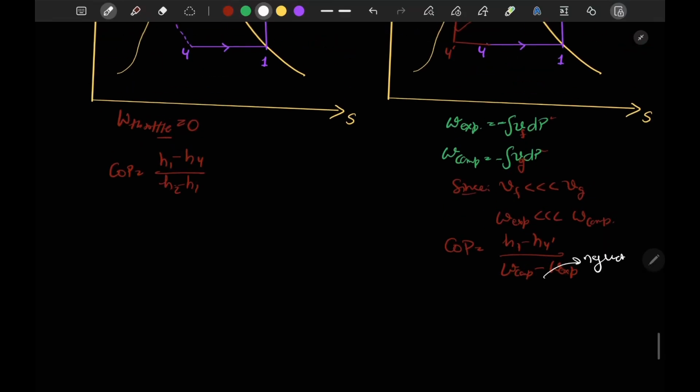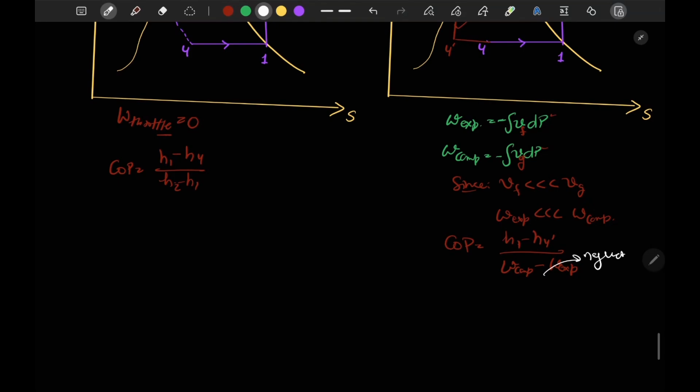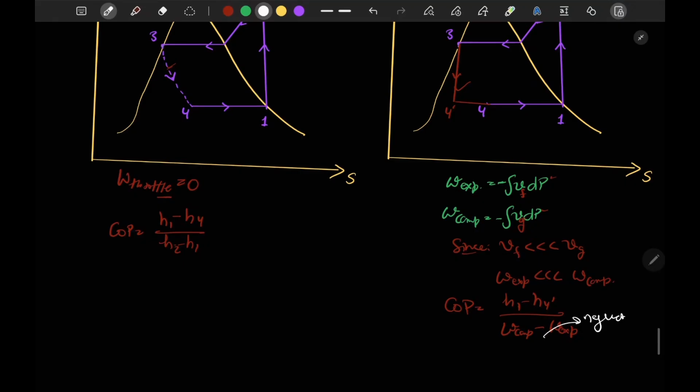So we can see that our value of COP here is increasing, COP is more here and less there, but this increase is not significant.